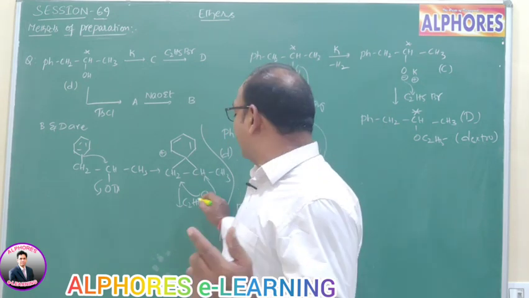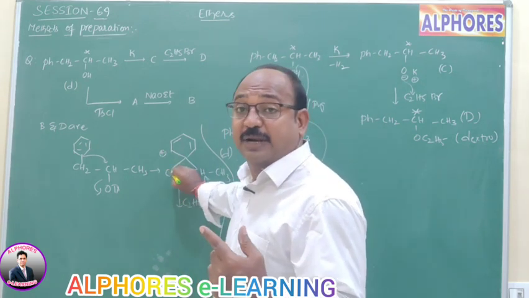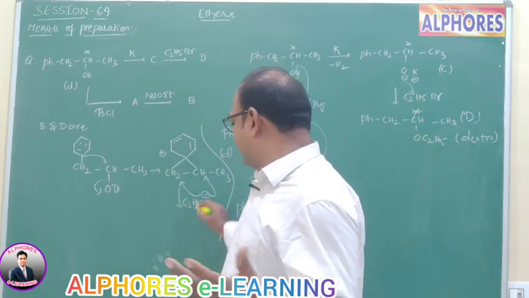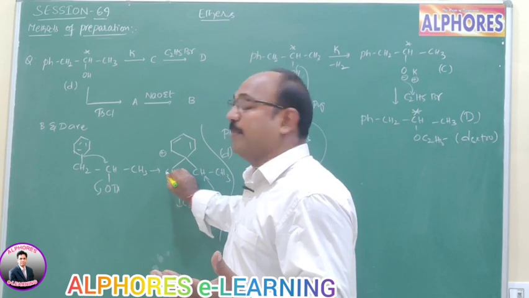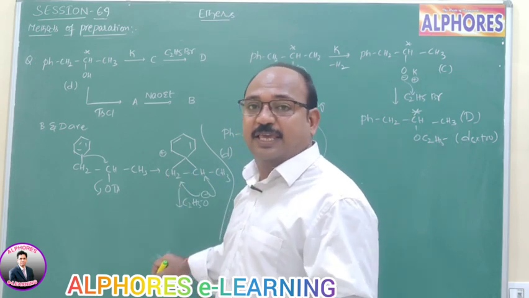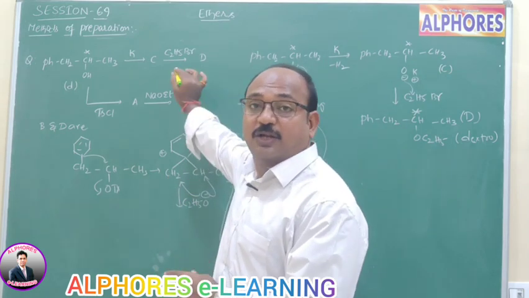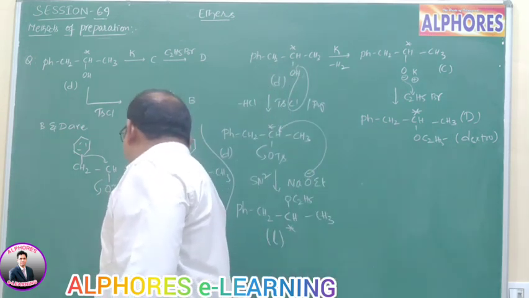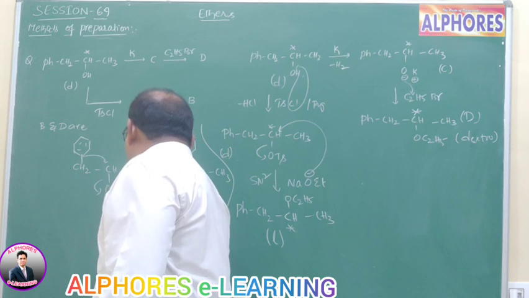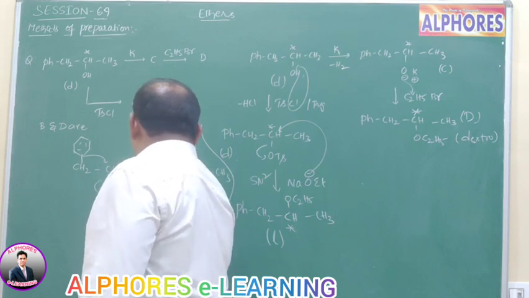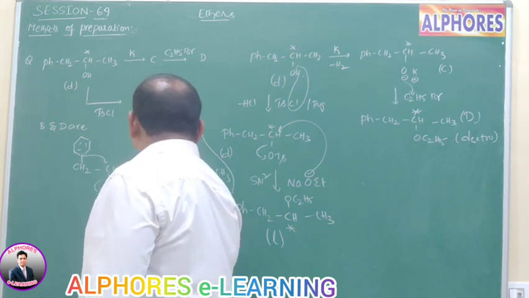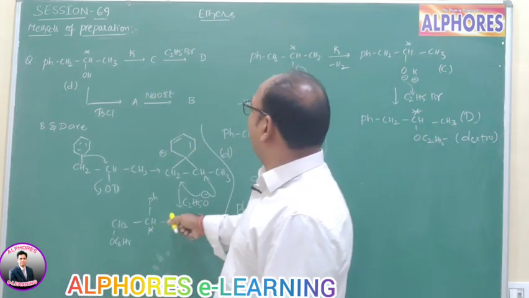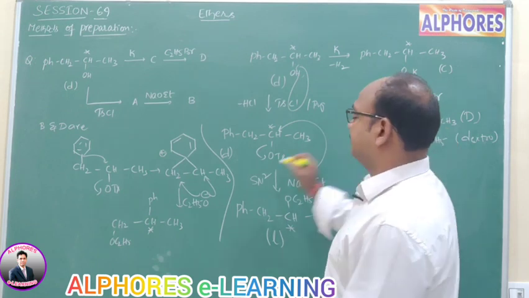And one more thing, this OC2H5 minus may come and attack this carbon because it is the less hindered carbon, hence it prefers to attack there. In such a case, the product is not related to the earlier one. Here we get CH2OC2H5 and CH, with the phenyl group and CH3. Now this carbon is again chiral but not related to this product.